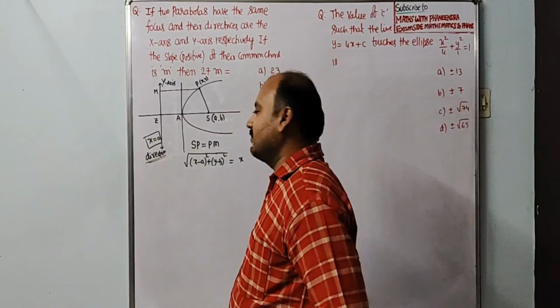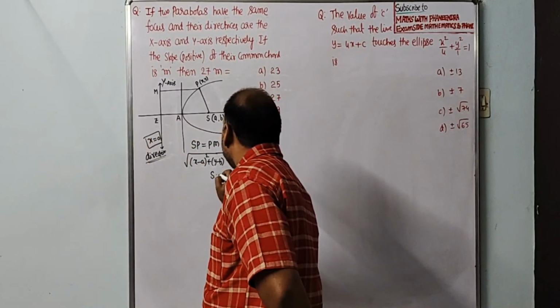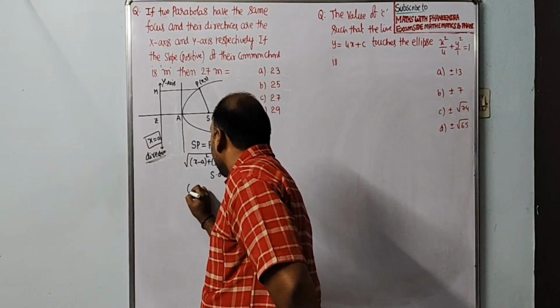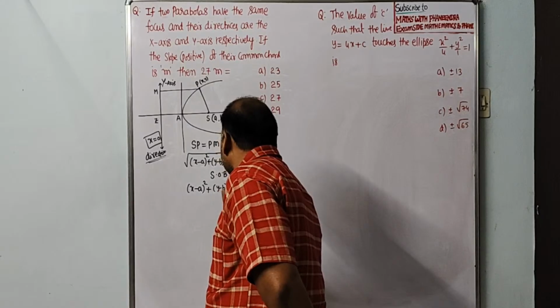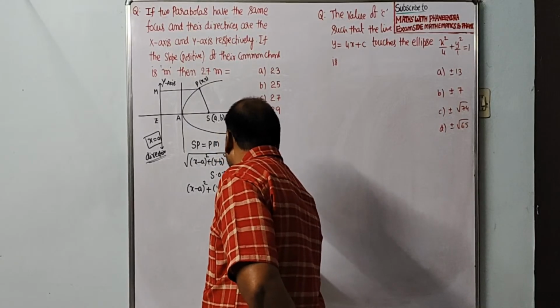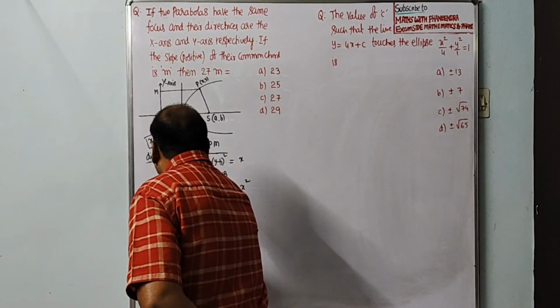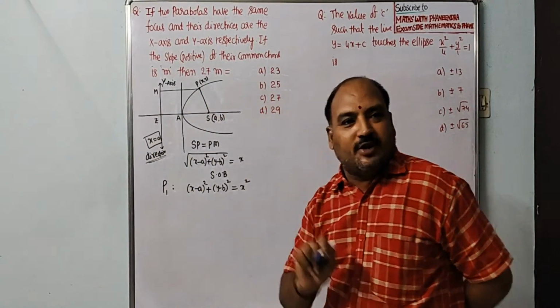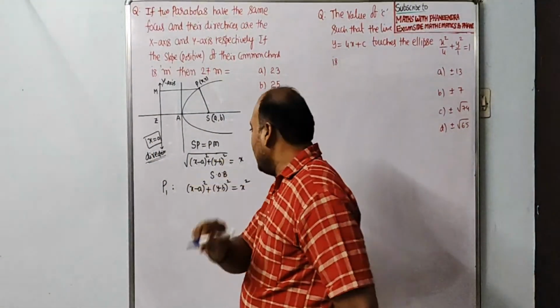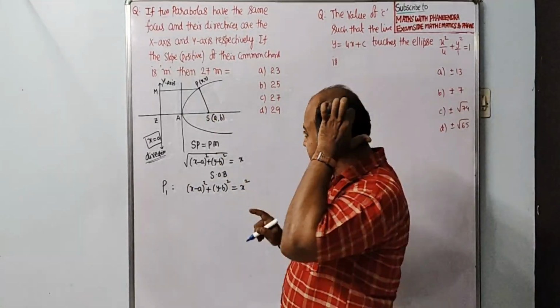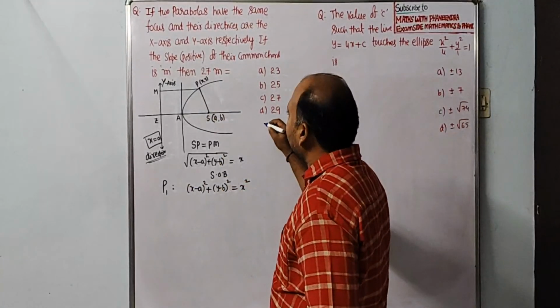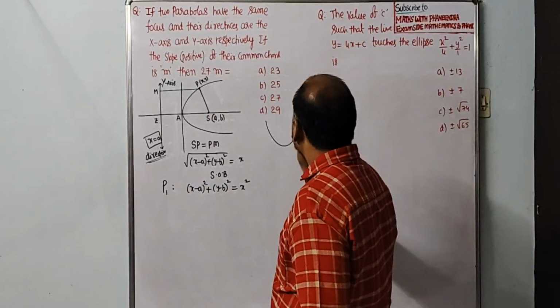PM means x. Squaring on both sides, you will get x minus a whole square plus y minus b whole square is equal to x square. This is parabola 1, first equation, dear students. Similarly, if you draw the rough figure for the x-axis as a directrix, the figure will come like this.